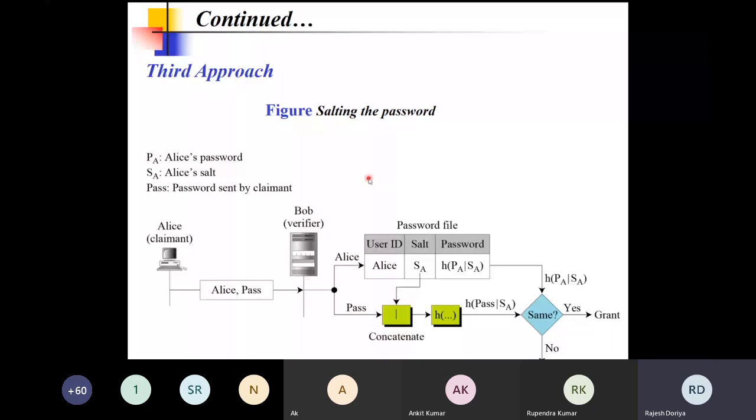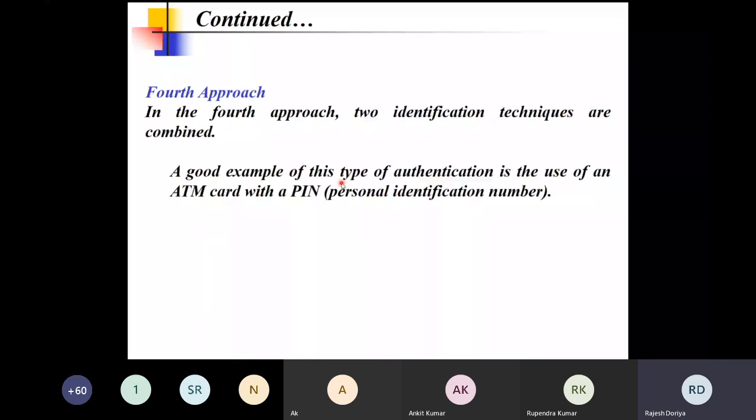So this is the third approach, and this particular approach is only used by your Unix systems. Then there is one more approach, and in this approach, we use two identification mechanisms, or you can say two types of authentication. A very good example of this type is your ATM.